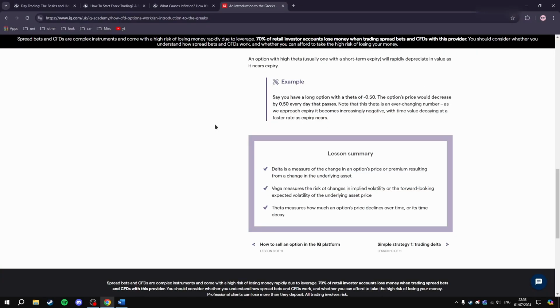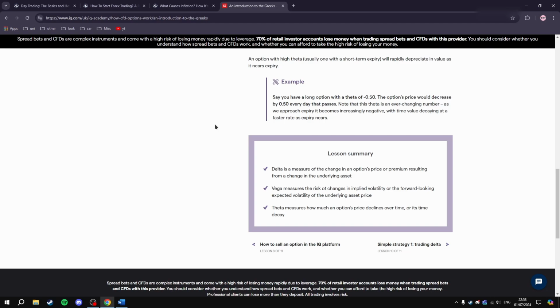So for example, say that you have a long option with a theta of minus 0.5. Is that big or is that small? Because you don't really have anything to compare it against. The option's price would decrease by 0.5 every day that passes. Is that loads, or is that not a lot? I can't tell.